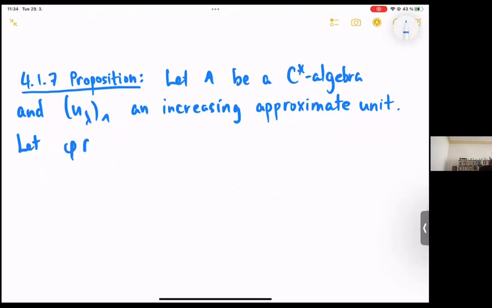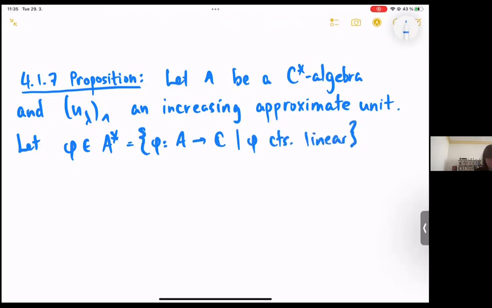So if we take any continuous linear functional, so I'll denote the set of continuous linear functionals by A star, the dual. So that's just this set here. So phi is continuous and linear.